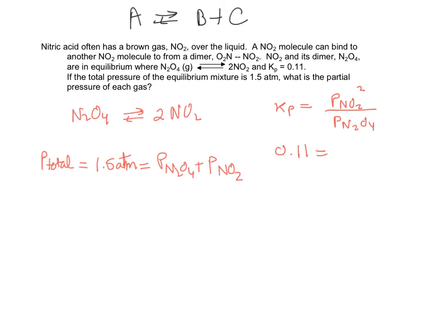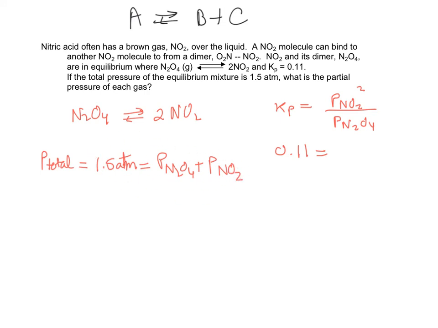But I cannot relate the total concentration or the total pressure of each of these at equilibrium because I don't know how much of this actually reacts. So I can't say that the partial pressure of this is double that. What can I say? Well, I don't know much other than this.